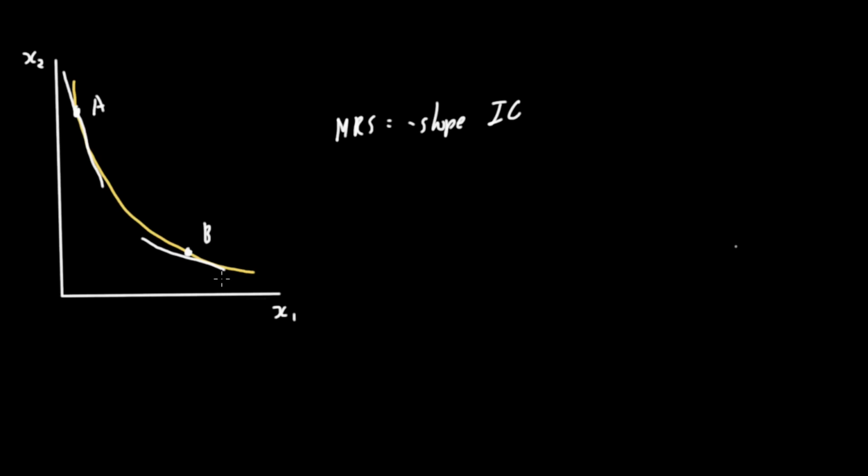So if we were to draw our indifference curve of perfect substitutes, let's say that good 1 and good 2 are actually perfect substitutes. I'll use pink. Then the indifference curve here would look something like this. And so at any point along this indifference curve, marginal rate of substitution is the same.